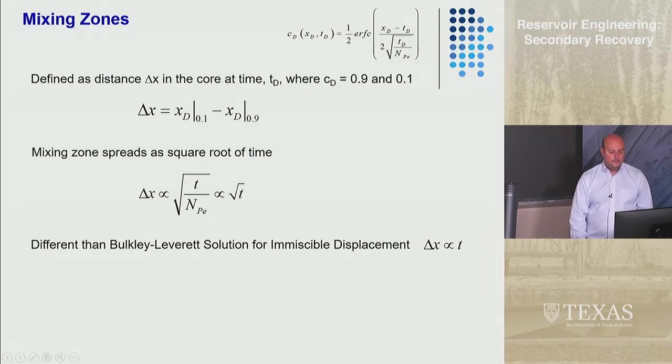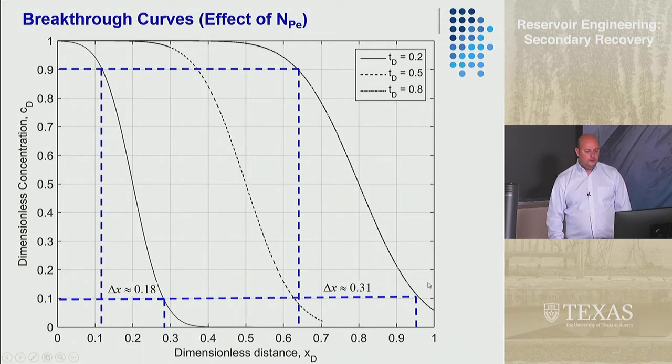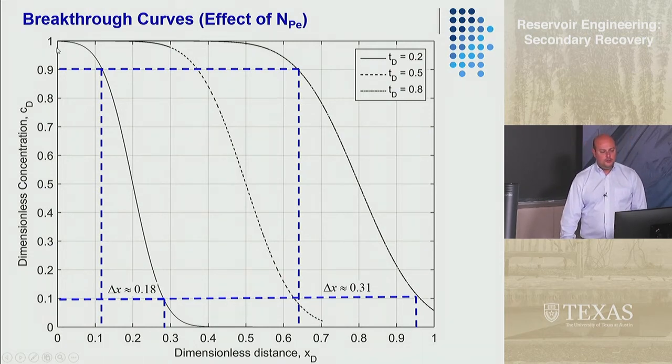So how would I measure that mixing zone? Well, what I've shown here is 3 different times. This is the concentration versus distance at different times. Even if you just look at the picture, you can tell that this first curve at early times is a little sharper than at later times.